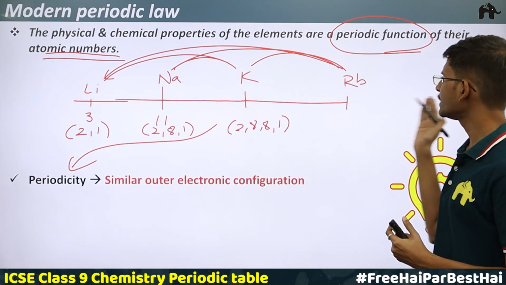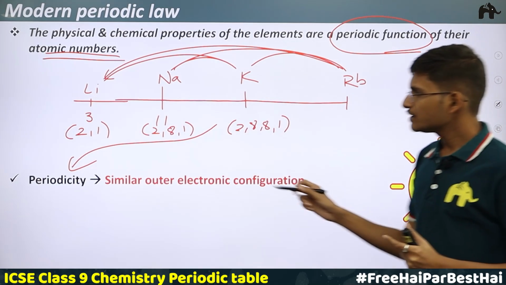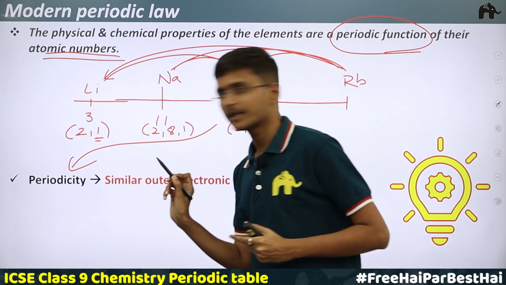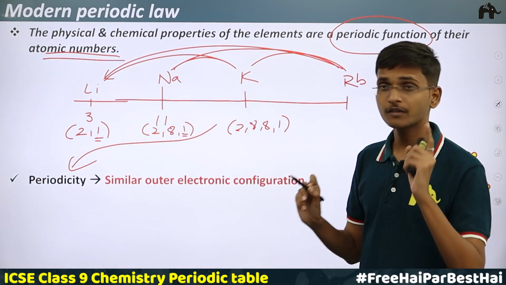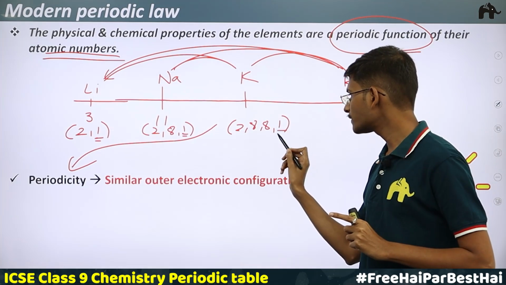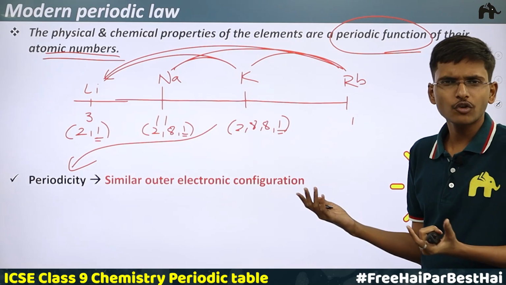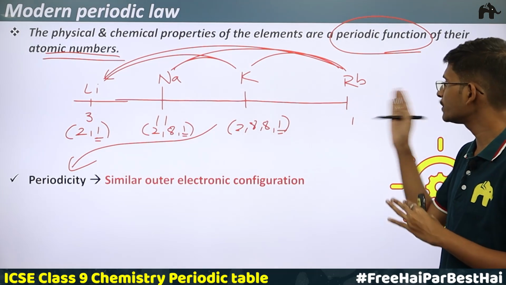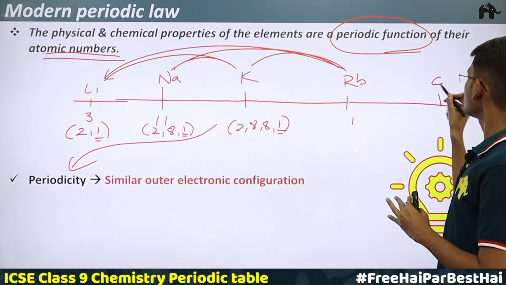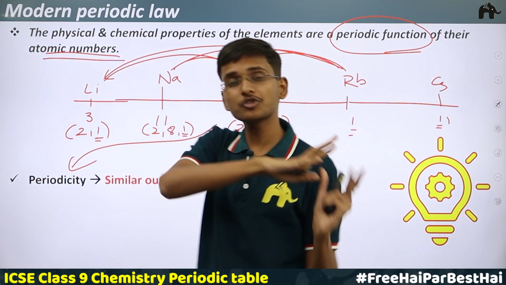If I move on to rubidium and then cesium, what I would observe is that the outermost orbit has one electron. In lithium, sodium and potassium it has one electron, and in rubidium and cesium also, if you write their electronic configurations, we would get one electron in the outermost orbit.